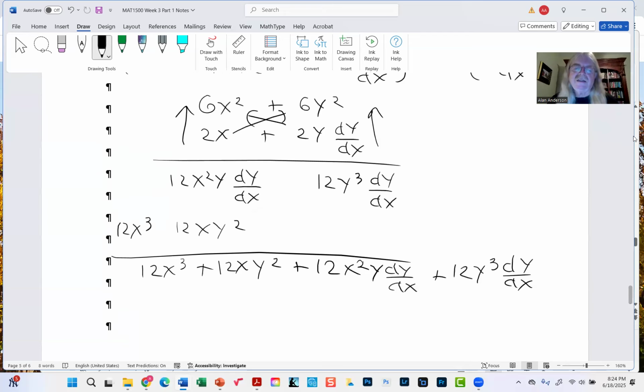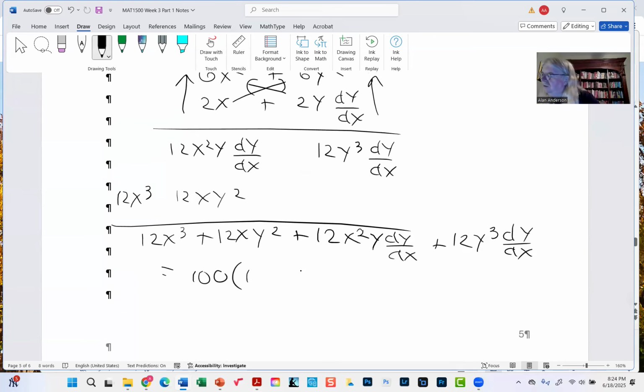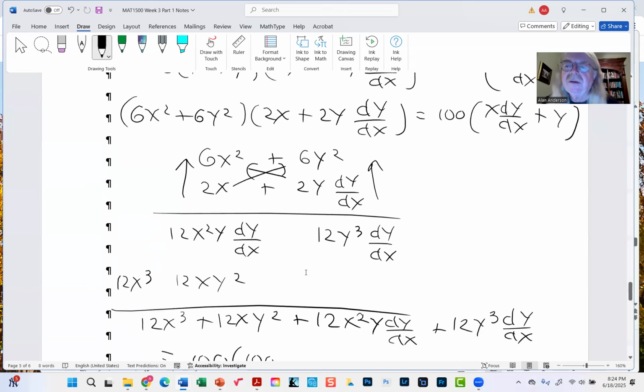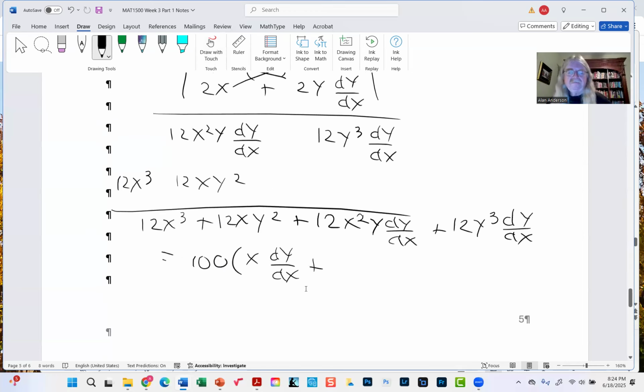And then the right-hand side equals 100x dy dx plus y. Wait. No, sorry, x dy dx, plus y.